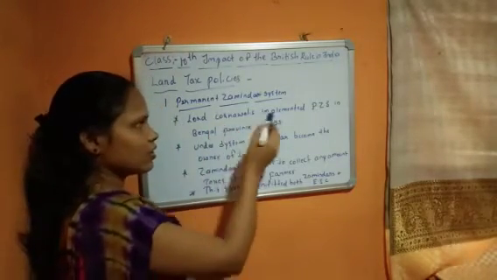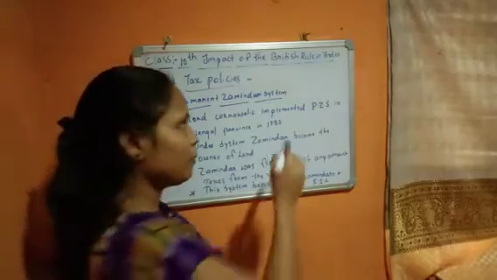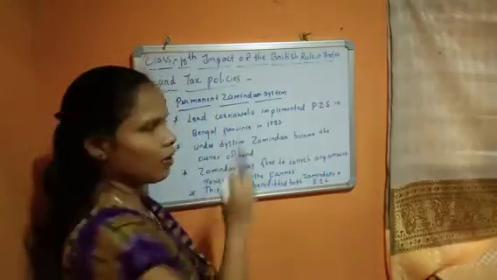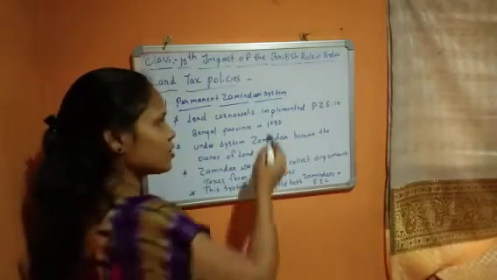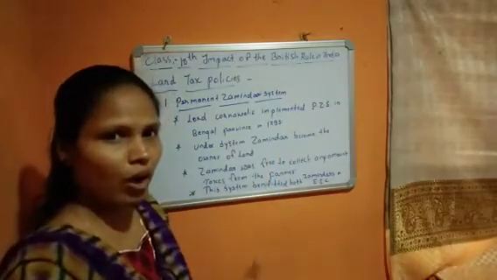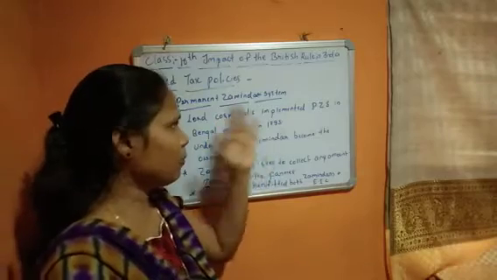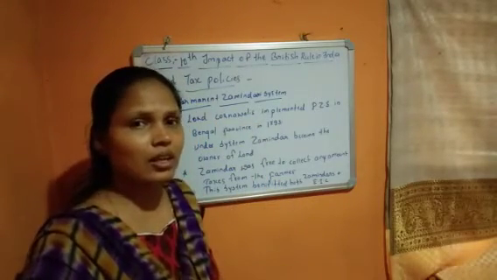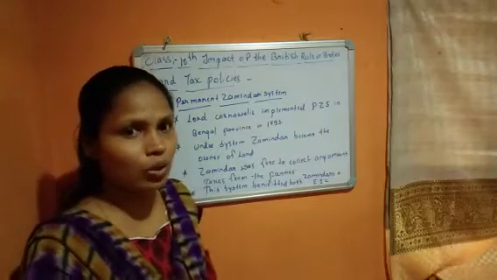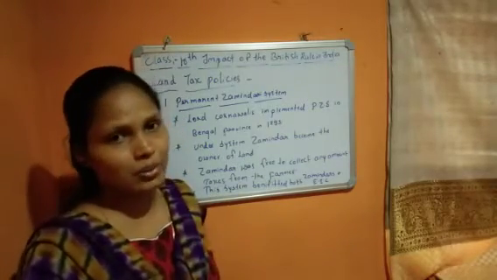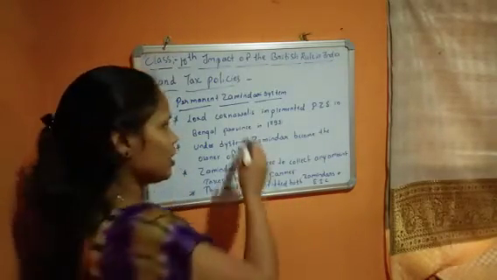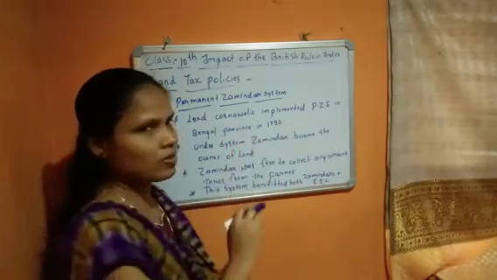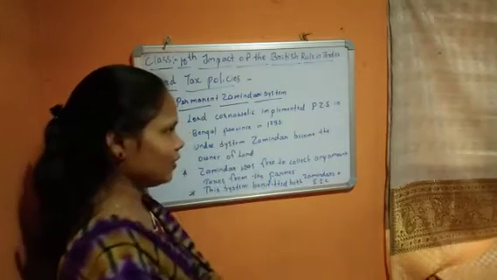Lord Cornwallis implemented the permanent zamindari system in Bengal province in which year? 1793. Why did he implement this system? To generate steady land revenue, to collect land tax from the farmers. He implemented this system in Bengal province in 1793.